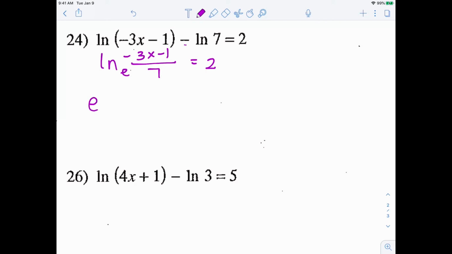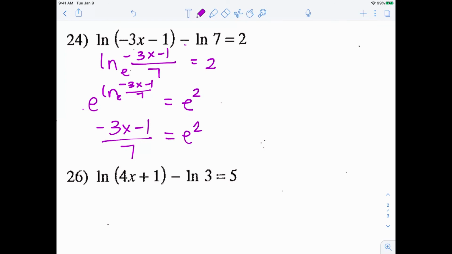So that means that the rest of the equation becomes an exponent. So we have e to the natural log of negative 3x minus 1 over 7 equals e squared. Then because my exponential base and my log base are the same, the left side simplifies to negative 3x minus 1 all over 7 equals e squared. And I'm going to go ahead and just leave that as e squared.